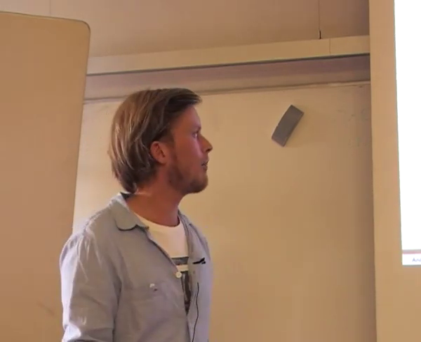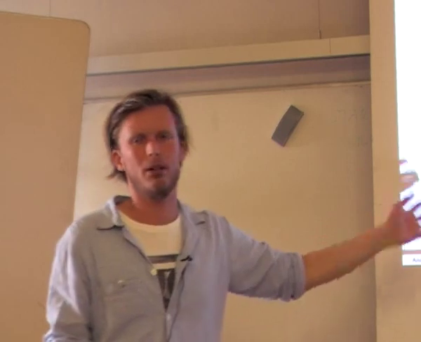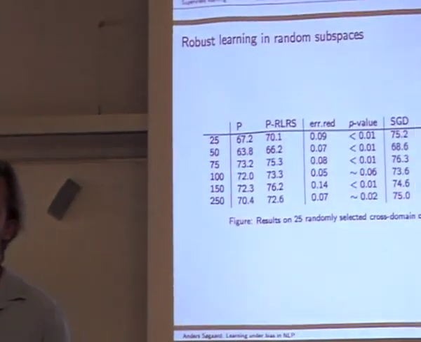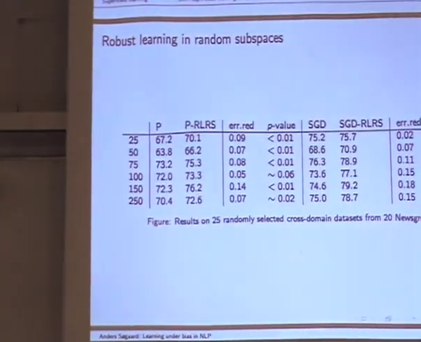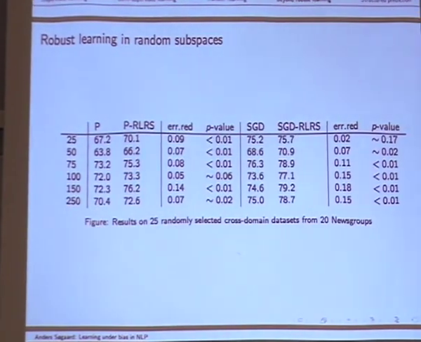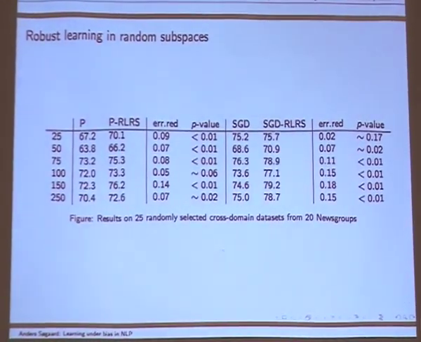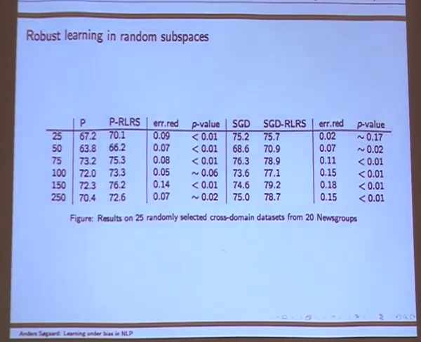And at least on 20 newsgroups, but you should do this on many more data sets, it doesn't matter too much whether you're canceling off 10 or 15% of your features. Yeah, I think the empirical out of vocabulary rate here is, I can't remember, but that's something you can check. It's probably a bit higher than 10%, I would expect.